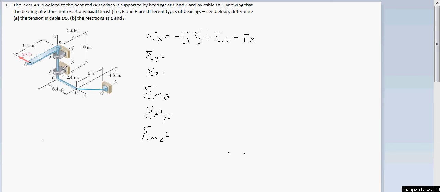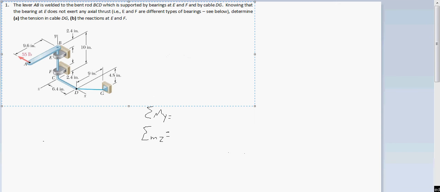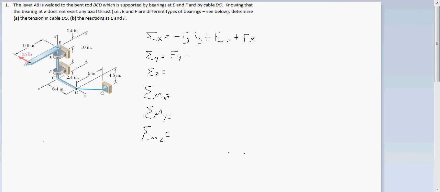And I believe there's only three x forces, so we'll move on to the y. There is a y force at F and a negative y force here in this cable DG. So we would need to find the unit vector for that, which I have down here.